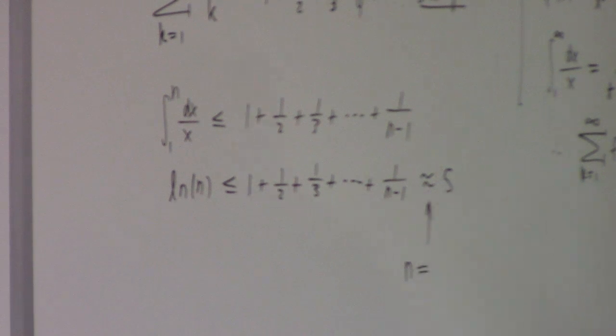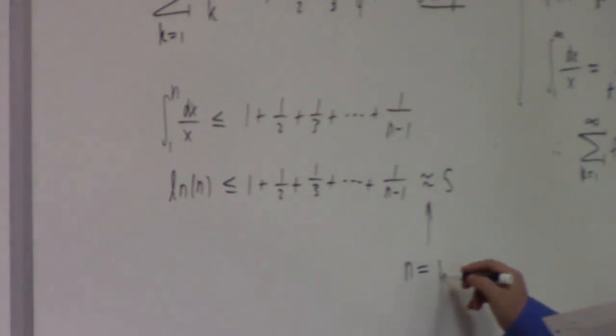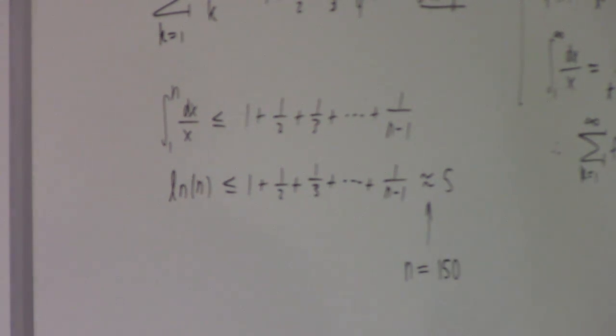If you want to get this to be about 5, it will take you 150 steps. So if you add 1 plus a half plus a third plus a fourth plus a fifth and so on up to 1 over 150 or so, you'll get about 5.